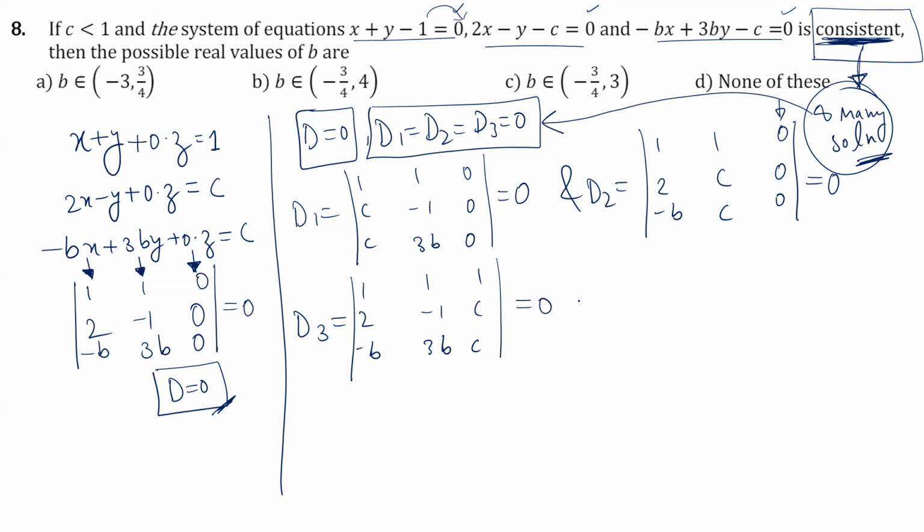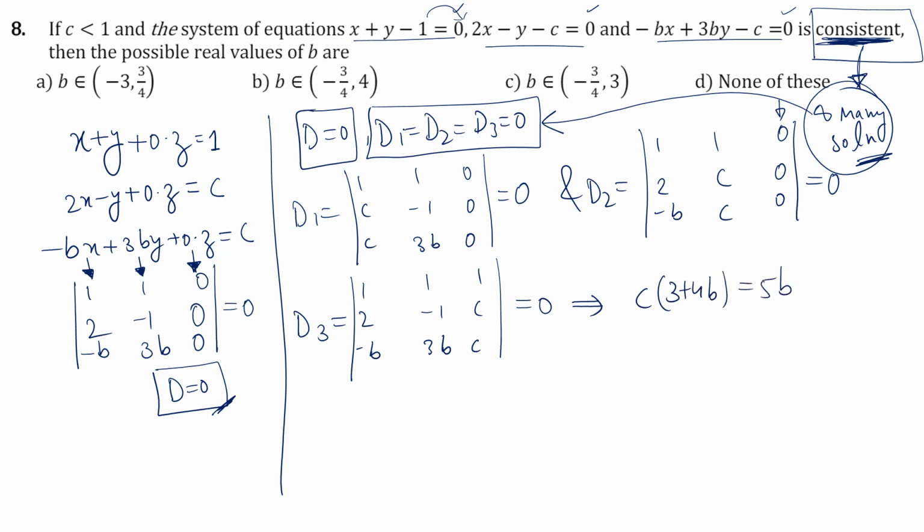So here you try to expand. We can expand this easily and then you will get some equation. I will write the equation directly. You will find that the equation comes out to be c(3 plus 4b) equals 5b.